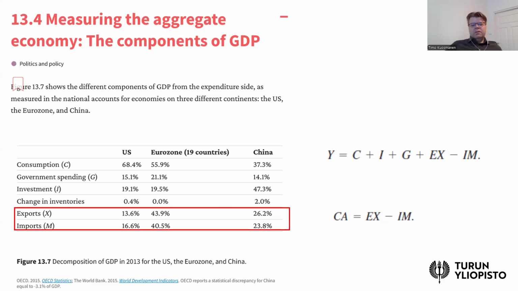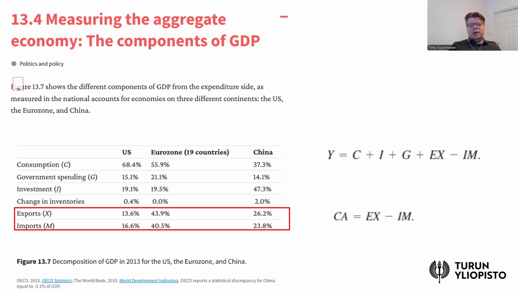These are observations we made also earlier when we looked at the global patterns of trade in one of the first lessons of this course. One more thing I want to point out from this table is the Eurozone. Here it's not so important if it is a surplus or deficit. In 2013, it was in surplus, but notice how large the percentage of exports and imports was of the GDP.